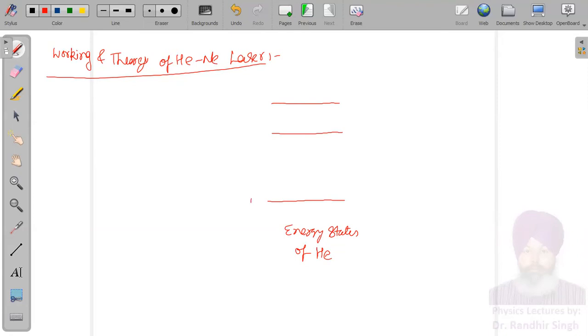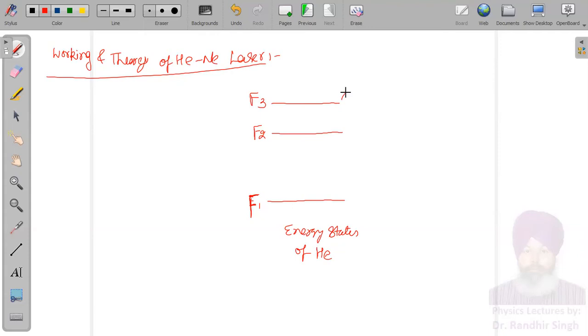Suppose this energy state is E1, or rather I would use the symbol F1. Let us say this energy state is F2, and this energy state is F3.